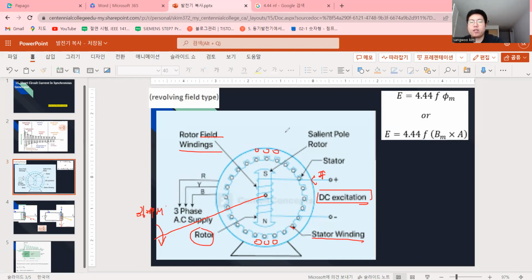So first of all, what is a damper? In this case, synchronous means the rotor is a rotating field, and the stator winding also makes a revolving field, right? If the rotor itself is revolving at the same speed, we say synchronous.